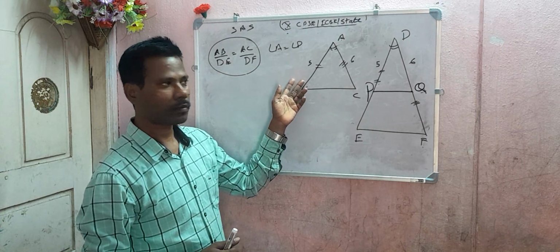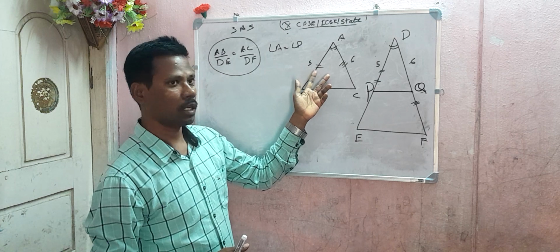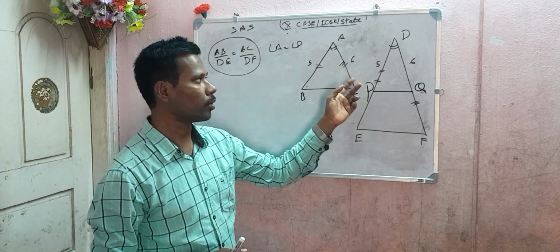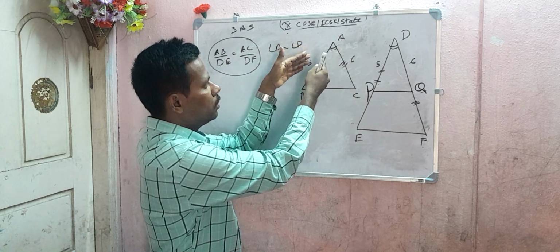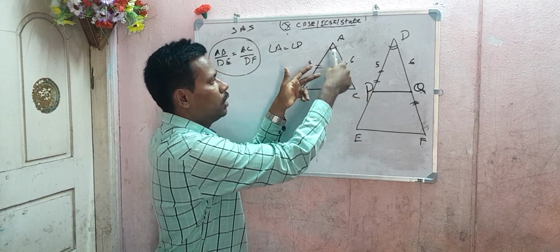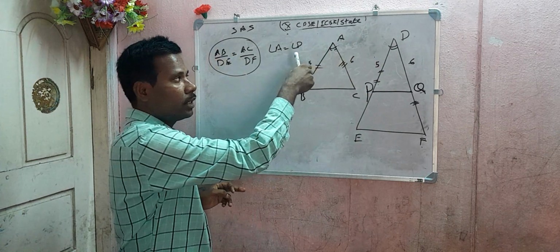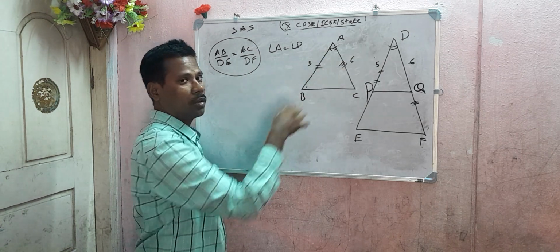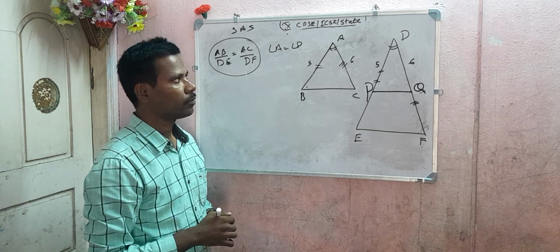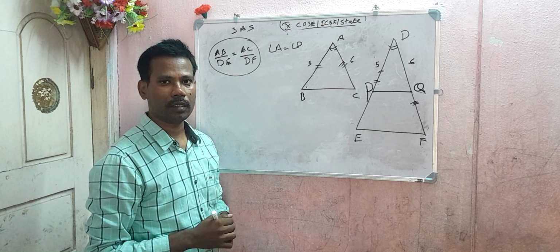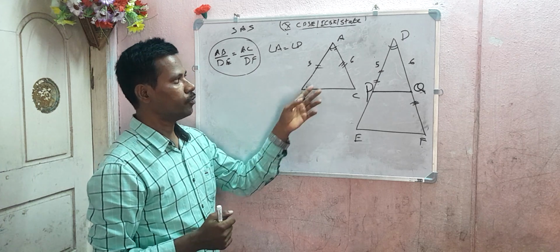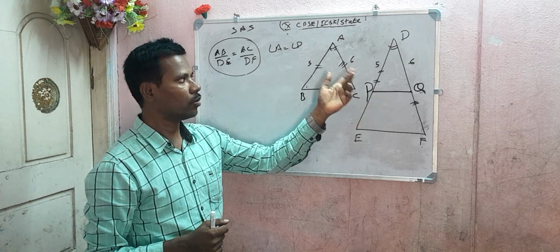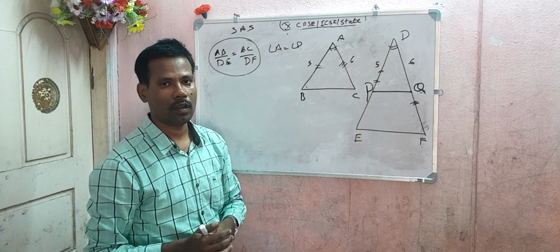If the corresponding sides of the triangles are proportional, the side corresponding to this is this one, and the included angle is equal, then the two triangles are similar. You have to write the statement.